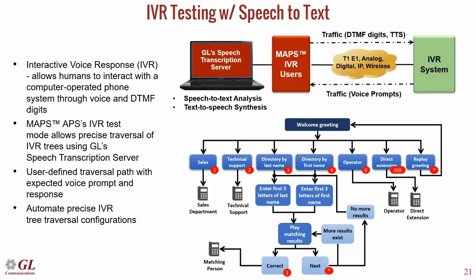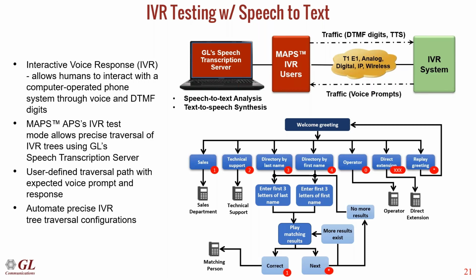Okay, so IVR testing. With an IVR or even a voicemail type of scenario, we can go through the entire process of testing. So, for instance, with an IVR, you're going to call into the IVR. It'll give you a prompt, and maybe you have to enter a digit, or maybe you have to enter a credit card number or a foreign phone number.